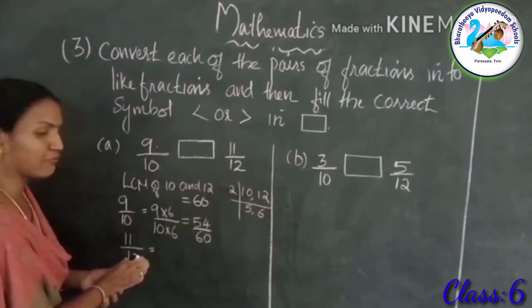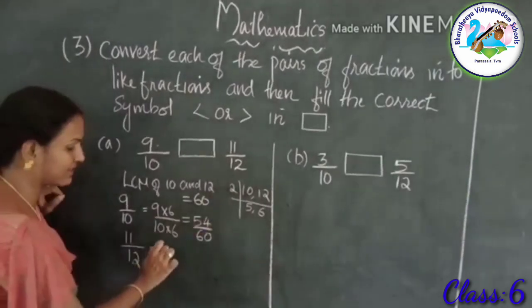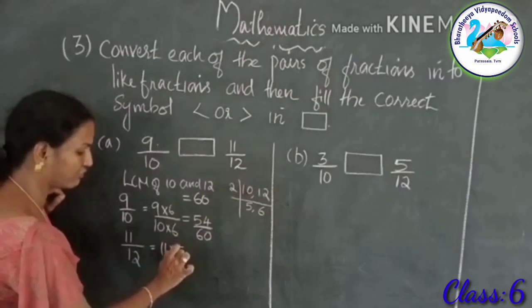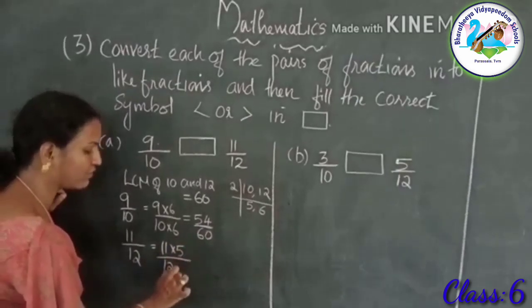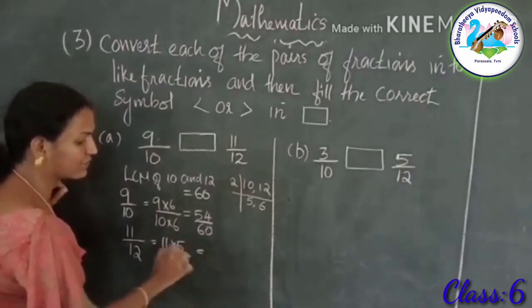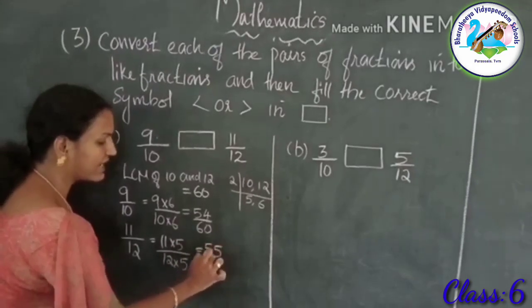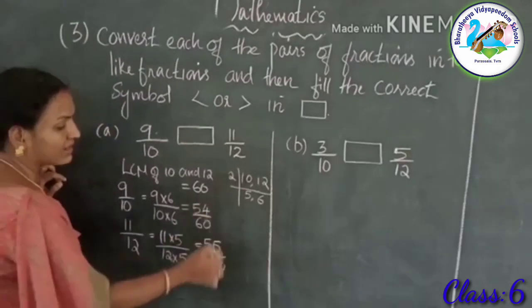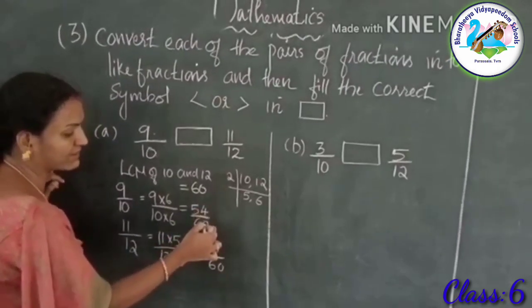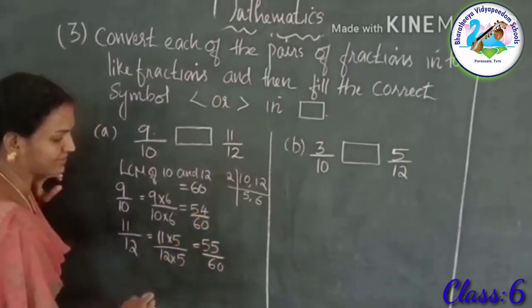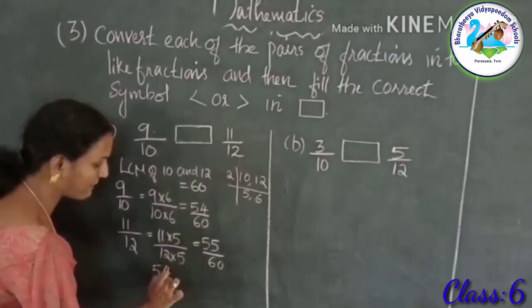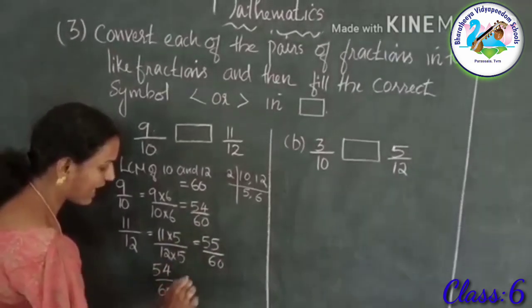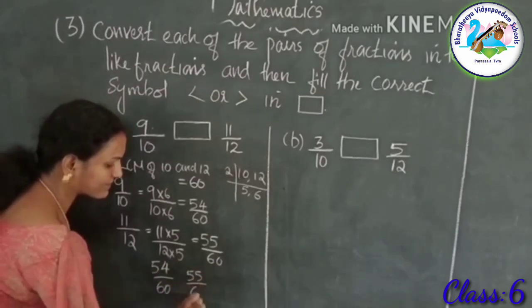Multiply 12 with 5, we get 60. So 11 into 5 divided by 12 into 5 is equal to 55 divided by 60. So by comparing 54 by 60 and 55 by 60.